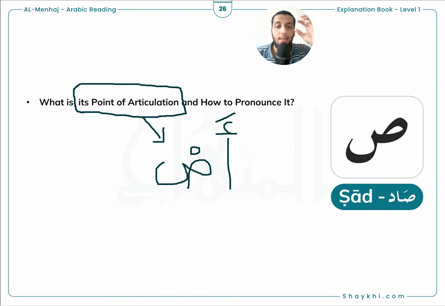As, si, so, as. So what is the point of articulation of this letter? Actually, the point of articulation of this letter is the tongue.